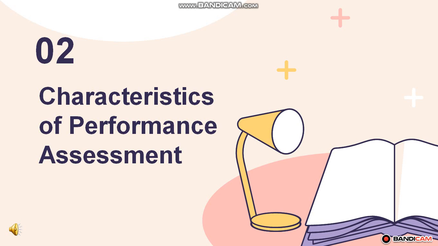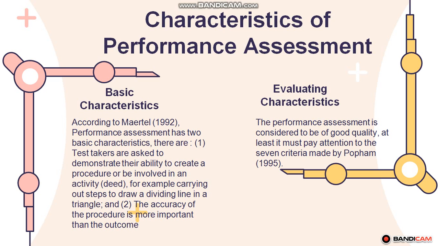Next, we are going to the second topic, that is characteristics of performance assessment. Characteristics of performance assessment consist of two types. The first is basic characteristics and the second one is evaluating characteristics. According to Marzano 1992, performance assessment has two basic characteristics.